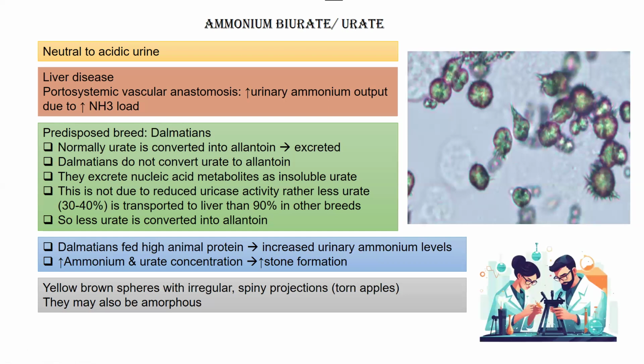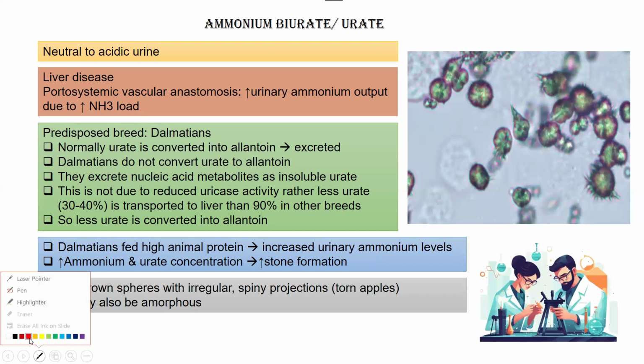Basically, as far as their appearance is concerned, they are yellow-brown spheres with irregular spiny projections, just like torn apples, and they may be amorphous. In the previous lecture, we talked about amorphous urate crystals. Now we are talking about ammonium urate. So these crystals may also look amorphous.